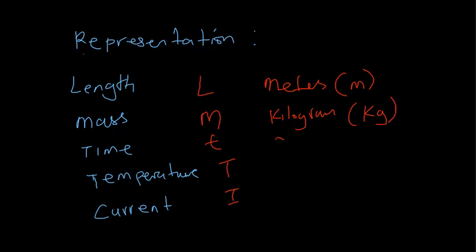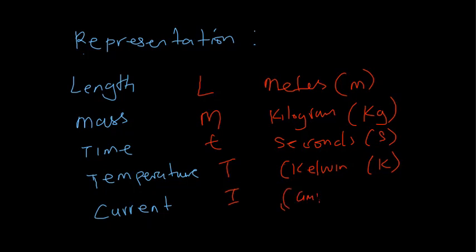Time is measured in seconds, so this will just be small letter s. Temperature is measured in Kelvin, so this will just be capital letter K, and current is measured in amperes. This is just capital letter A.